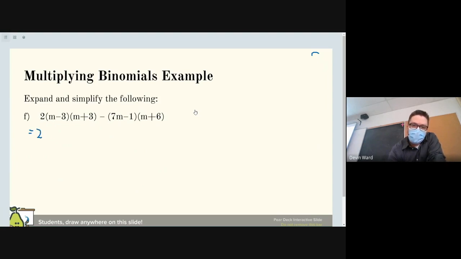So 2, m times m is m squared. m times positive 3 is positive 3m. Minus 3 times m.